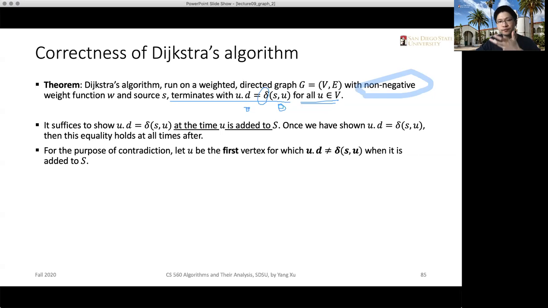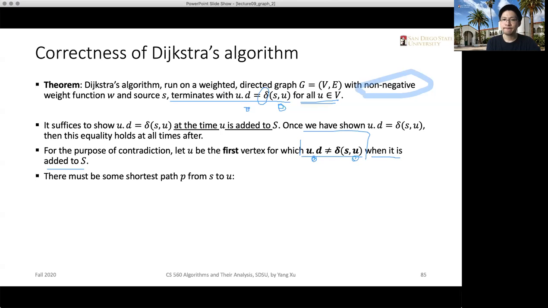So we will let u be the first vertex for which the estimate value doesn't equal the theoretical minimum when it is added to S. Okay, so to show a contradiction, we assume that the d value of u is not the minimal value yet. Okay, so let's see what will happen.